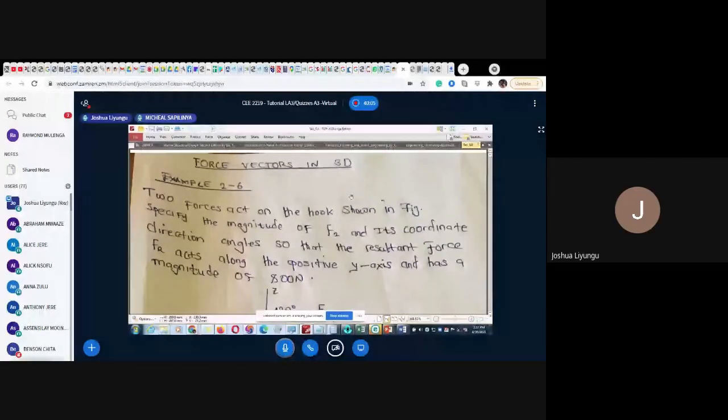Someone using Big Blue Button, can you confirm if you can see what I've shared on the screen? That is force vectors in 3D, a PDF document. Yes. You are viewing using Big Blue Button, right? Yes, sir. Okay.